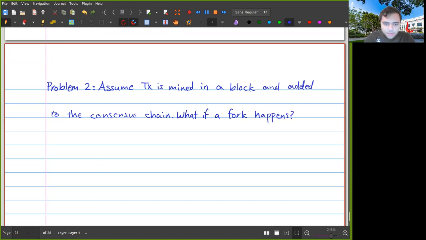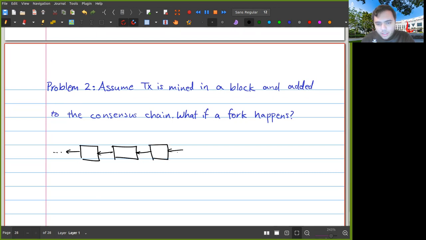So again, let's go back to our blockchain now. So let's say that this is my blockchain. So this is a linked list of blocks, and each block has a hash pointer to the previous one. And let's say that the transaction that paid Bob is in this block. So let's say that transaction is somewhere here. Okay, so it has gotten into the blockchain.